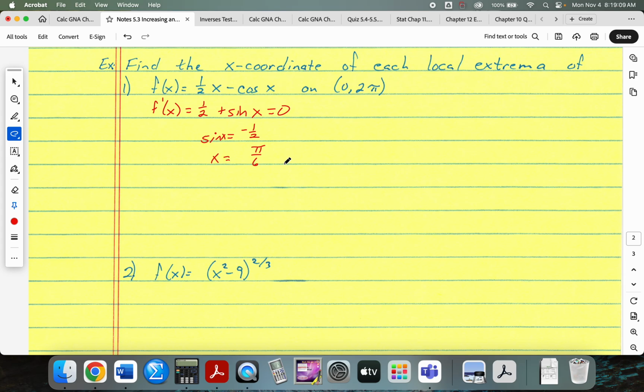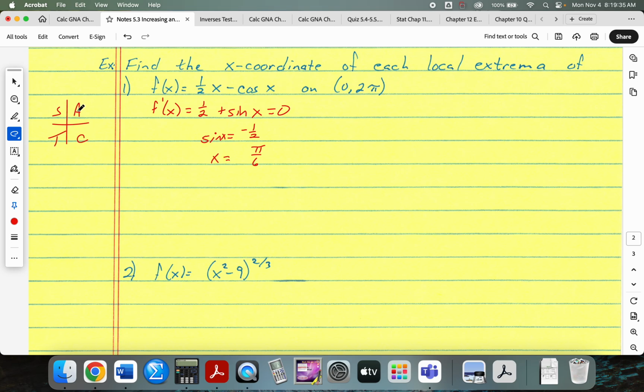Well, let's see. Which quadrants do we want to be in if we're going from 0 to 2 pi? Where sine is negative. Fourth quadrant, and also, third quadrant. Did you guys ever use the little acronym, all students take calculus?